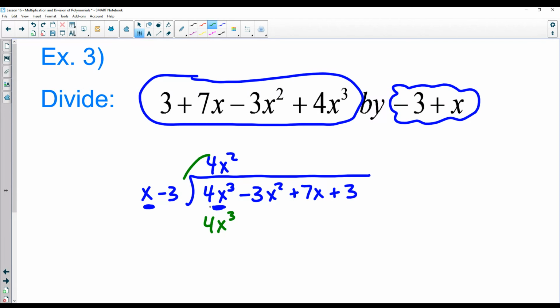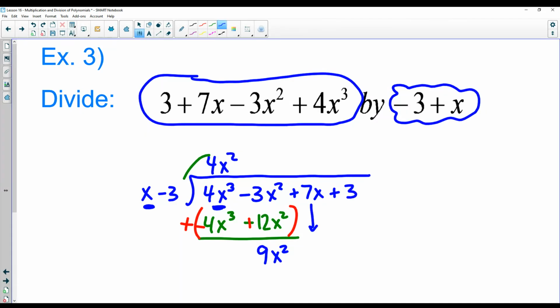Then multiply it by that second term in the divisor and get -12x squared. Next step is subtract, which is adding the opposite, change the signs, add them up.